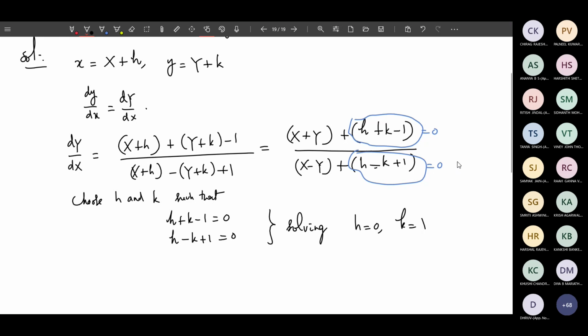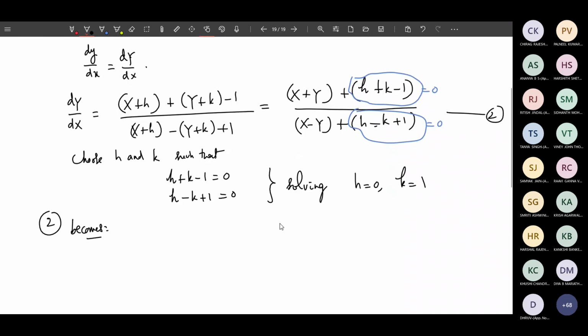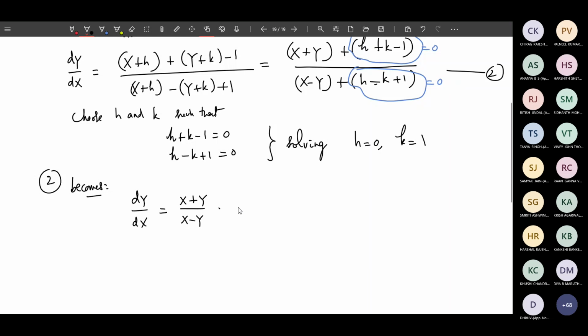So equation 2, if I write, becomes dY by dX on the left-hand side, and on the right-hand side just (X plus Y) by (X minus Y). So this is equation number 3.